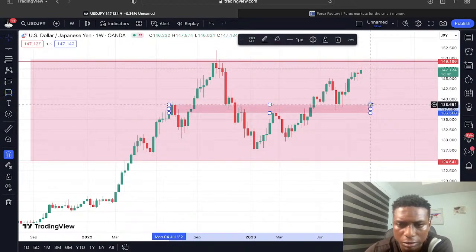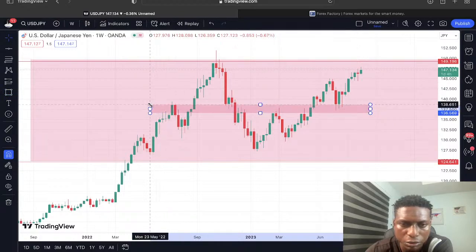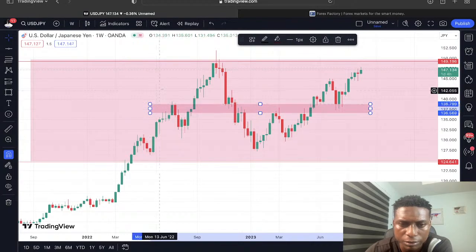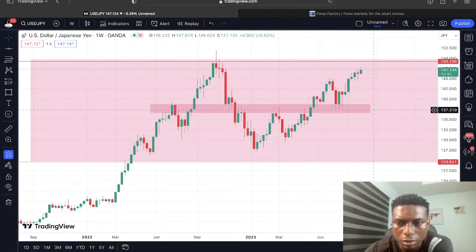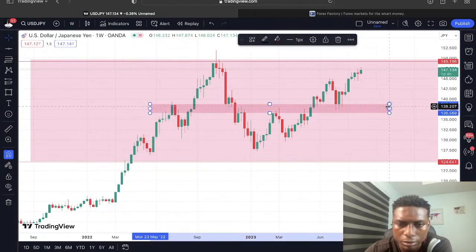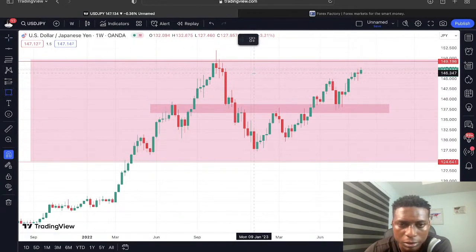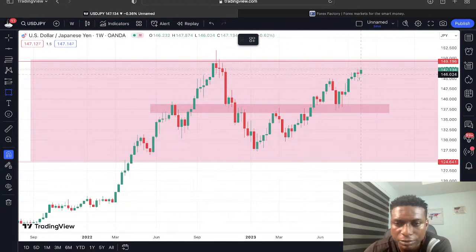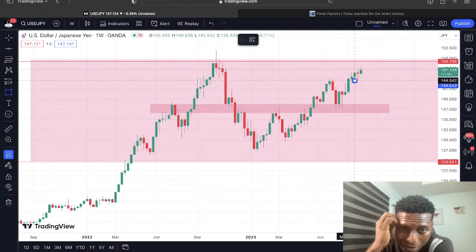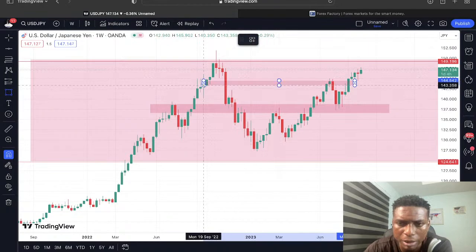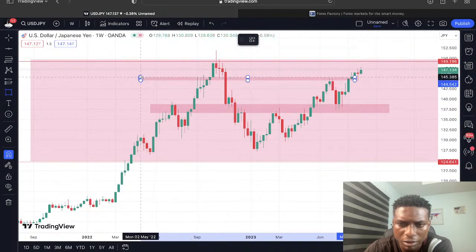These are levels we can map out here. And of course this is another level to map out, because definitely price came to this level and pushed back a bit.